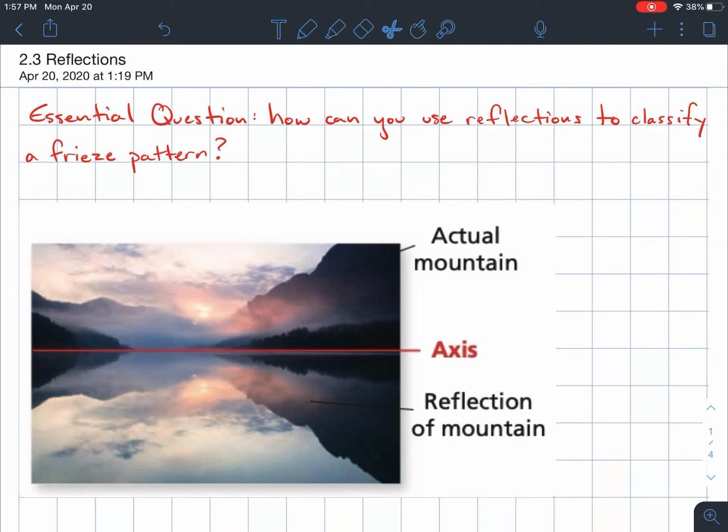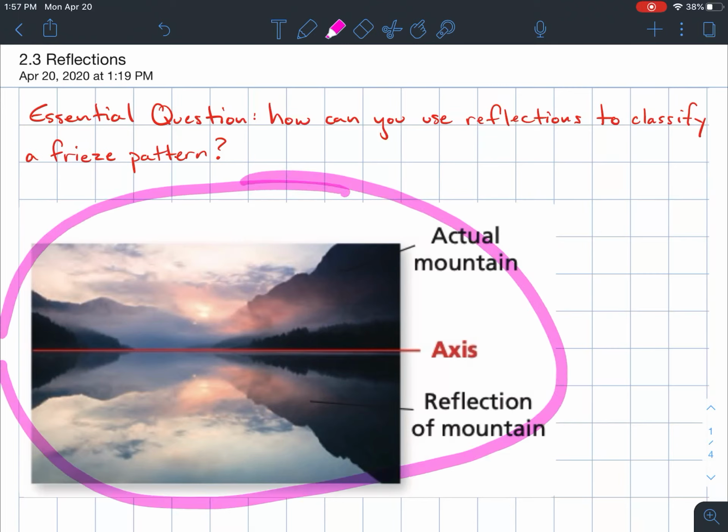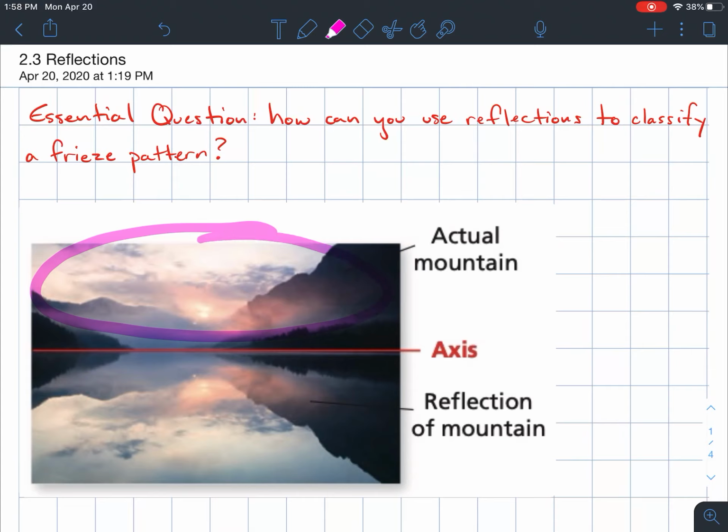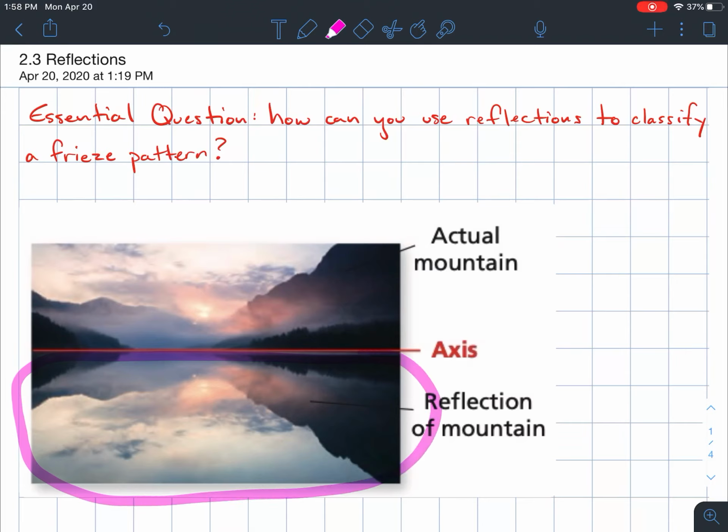Well, before we get there, I just want you to take a look at this image here up on the screen. You have a sunrise in some nature region, and if you look, the red line indicates what's called an axis, and it's basically the line that indicates to you that you are looking at a reflection from the actual sky, in the actual setting, as opposed to its reflection over a lake or a body of water.